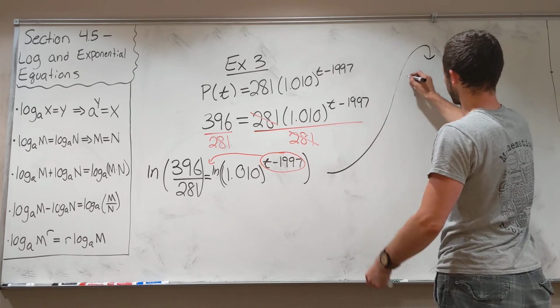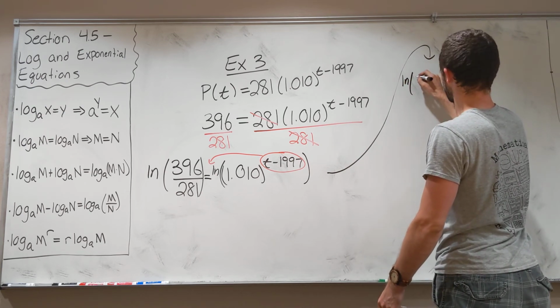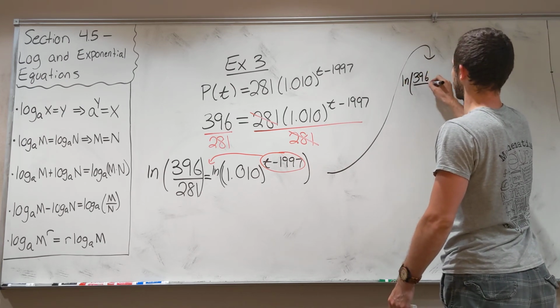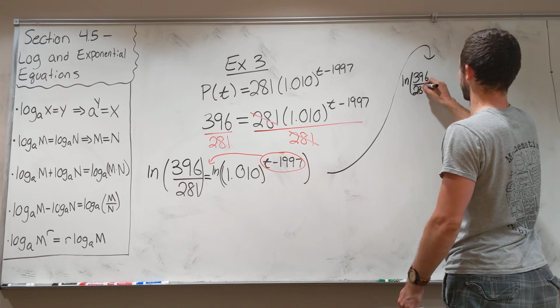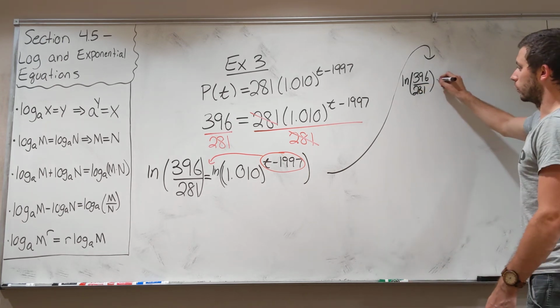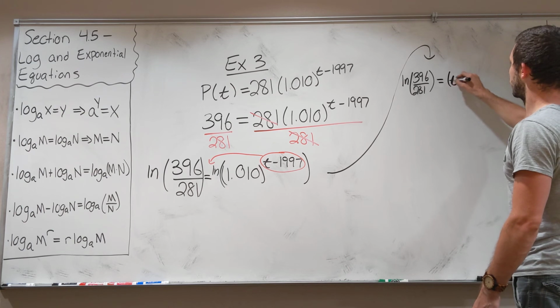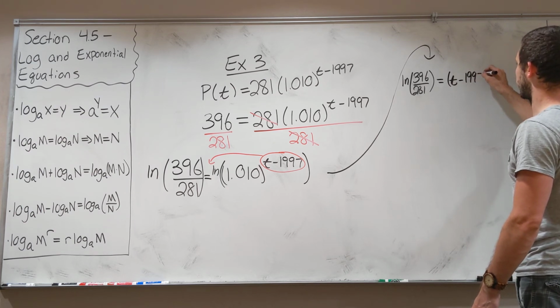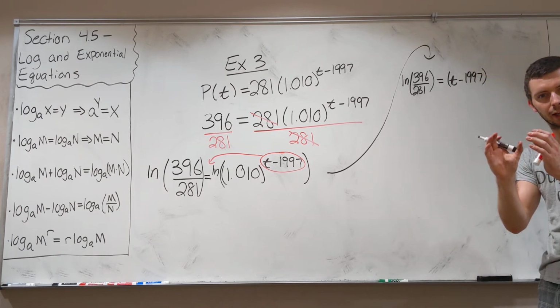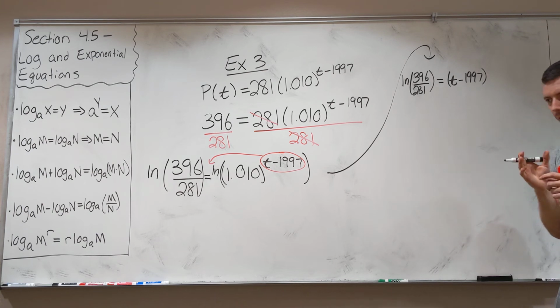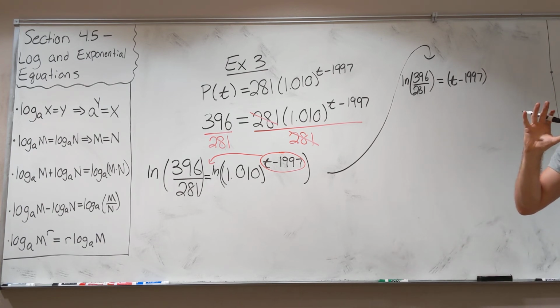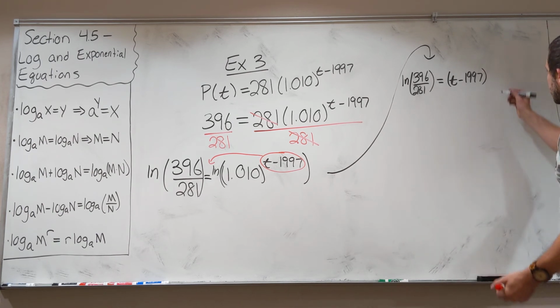So just like that. And the way this will look now, the left-hand side will stay the same. Natural log of 396 divided by 281 is equal to t minus 1997. And we will keep that exponent in parentheses because it is a singular exponent.